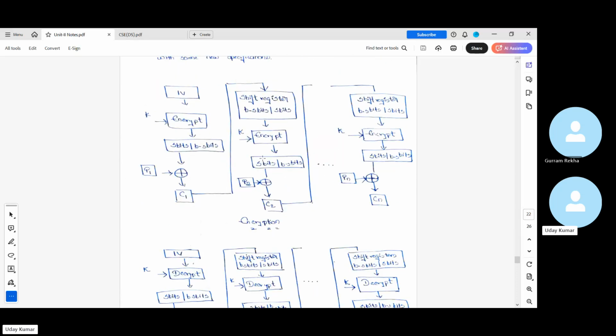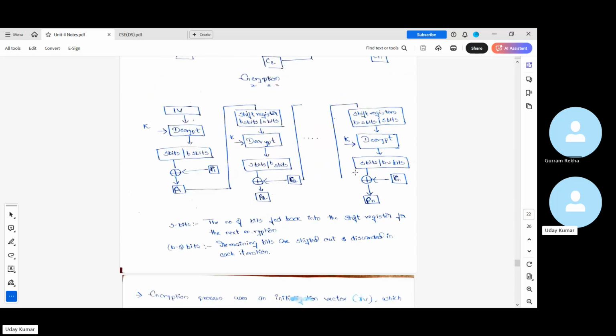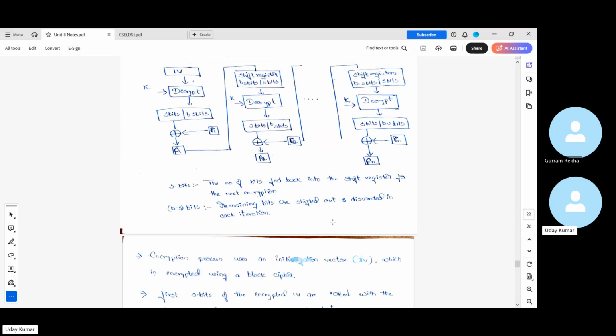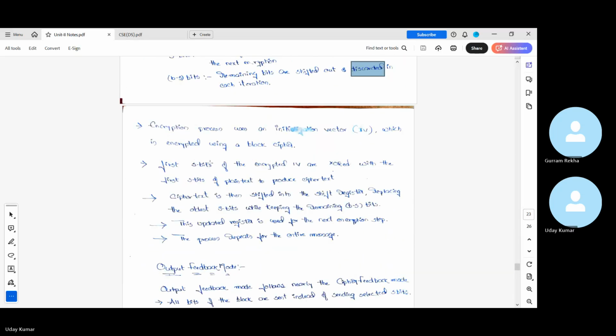Whatever you do here, you do the reverse for decryption, right? S bits is the number of bits fed back into the shift register for the next encryption. The remaining bits are shifted out and discarded in each iteration. Okay, discarded. You just remember this word, discarded. The encryption process uses an initialization vector, which is encrypted using a block cipher.